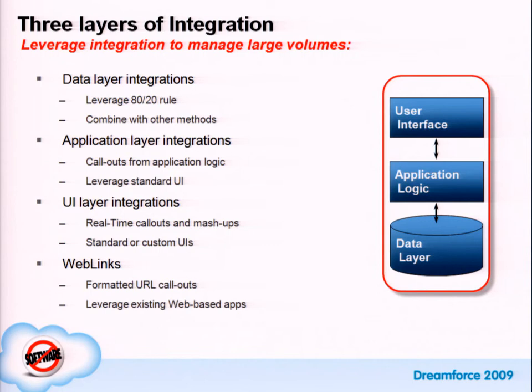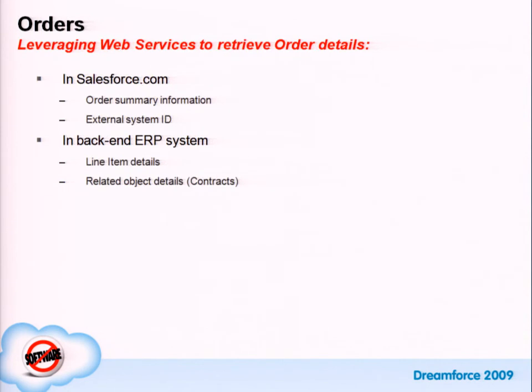So if you have an existing web infrastructure for orders, which many of our customers actually have from SAP, Oracle Financials, what have you, they can leverage a web link where you simply take the account ID or the order ID, produce a formatted URL, and call that existing infrastructure. That can either be displayed inline in Salesforce as an iframe, or that can be popped out as a new window over top of Salesforce, depending upon what user experience you would like.